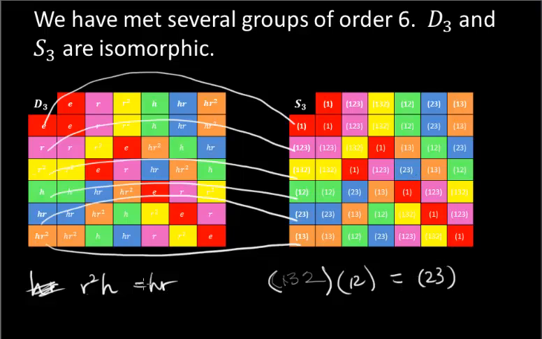Now look, HR was mapped, sure enough, to (2 3). HR under our mapping went to (2 3). You can see that this is a homomorphism. That's what the color coding gives us, is a correspondence, a 1-to-1, in this case, homomorphism of D3 onto S3.